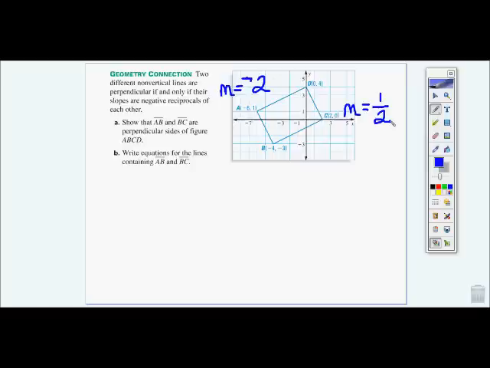So I'm going to substitute what I know in for line AB. We'll do the line segment AB first. To stay with the way they have it in the textbook in case you're looking in there, we're going to use the points here on B. So I'm going to say my y would be negative 3.